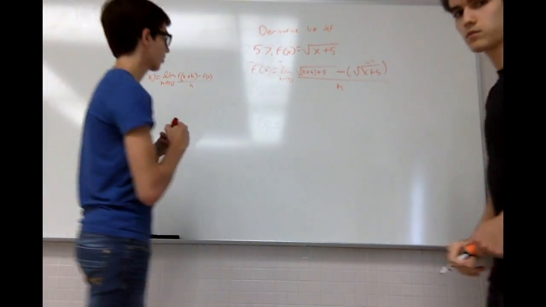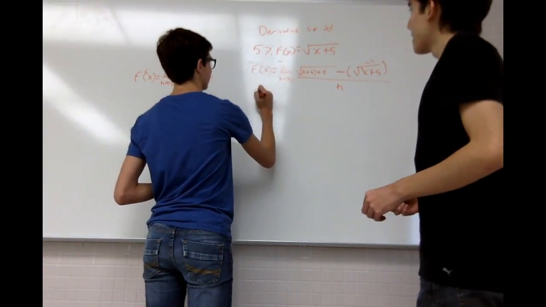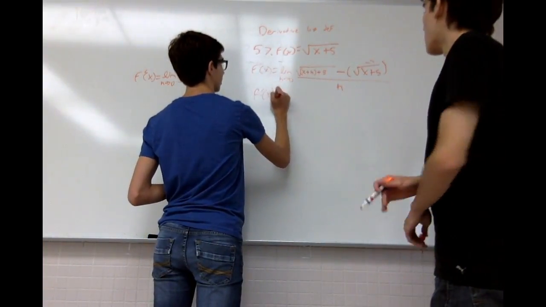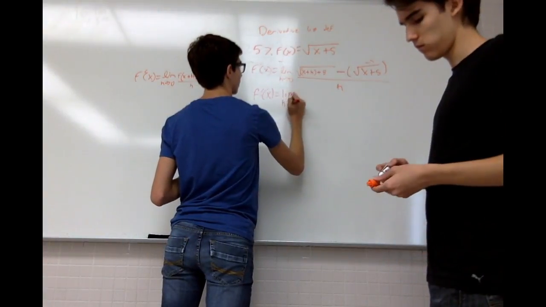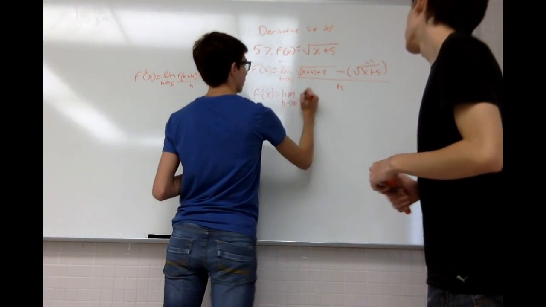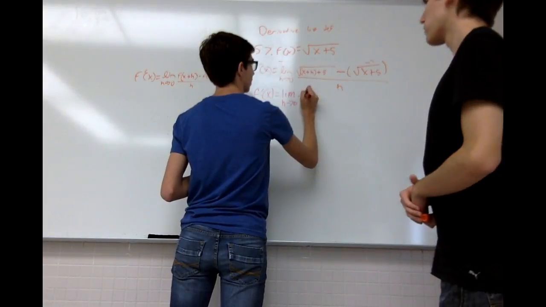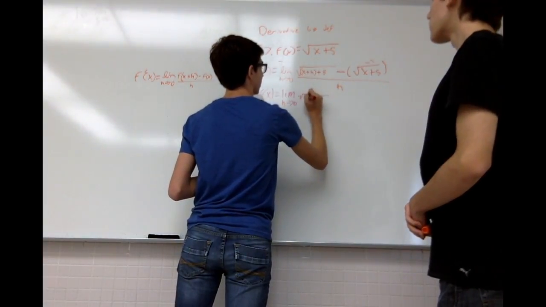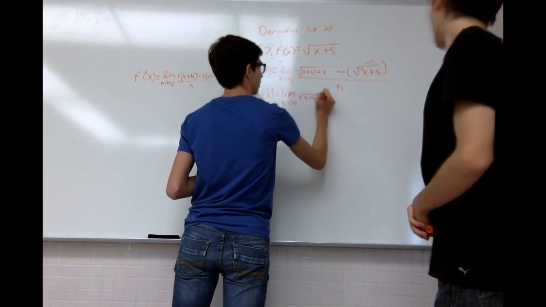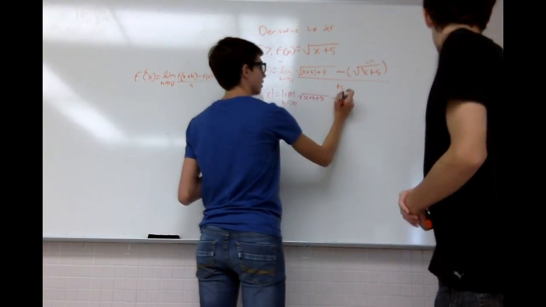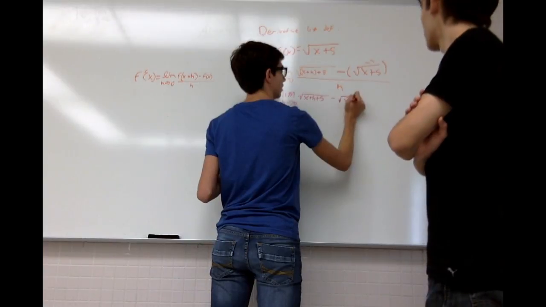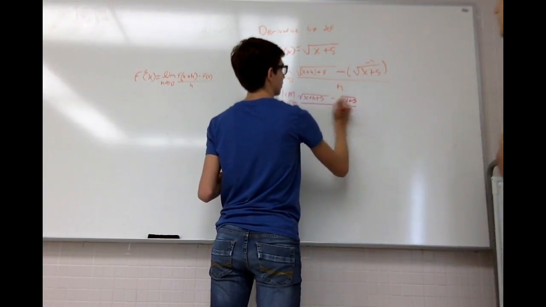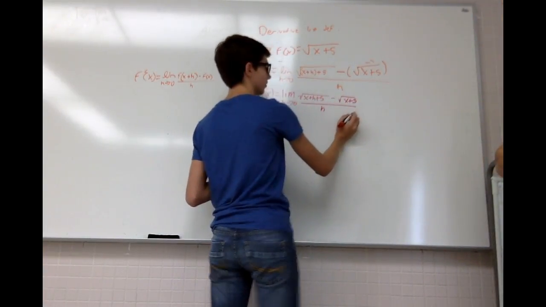Okay, so now we can take the parentheses out so that we can multiply by the conjugate.